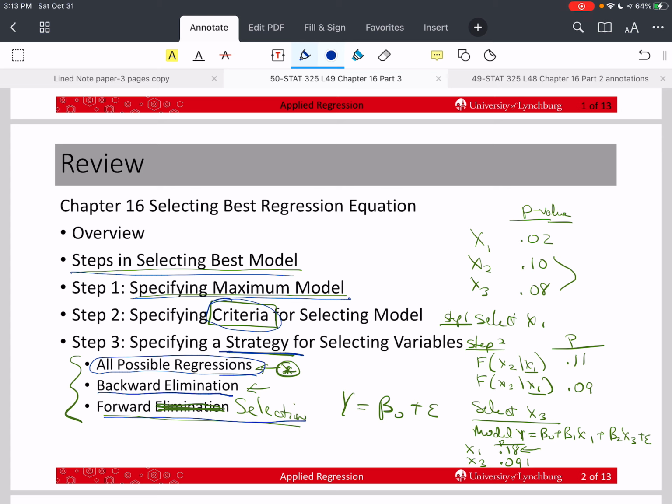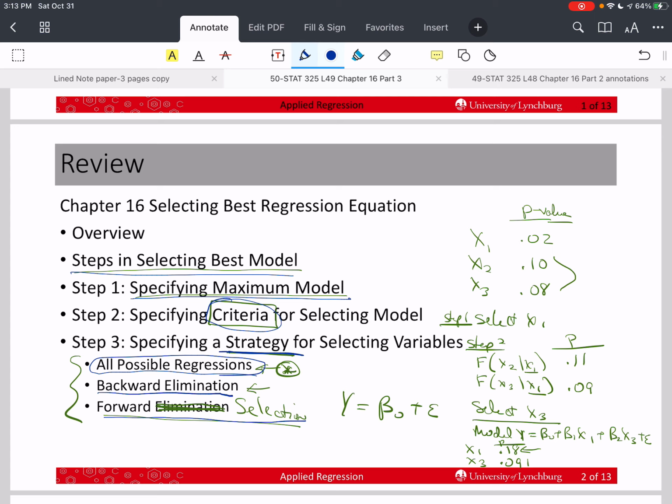Once we've chosen the first variable, it stays in the model no matter what, and we then do the partial f-test for any other variables, a variables-added-in-order type of test. So that's what we're doing there.